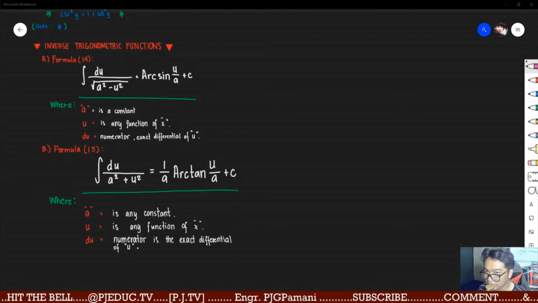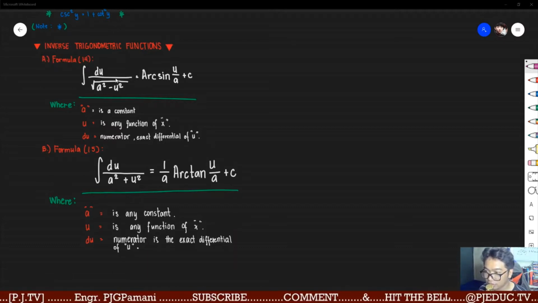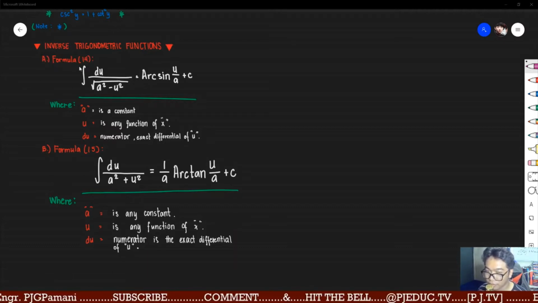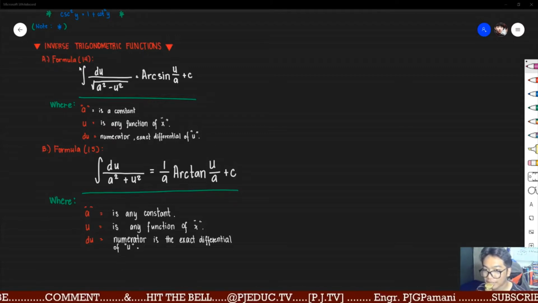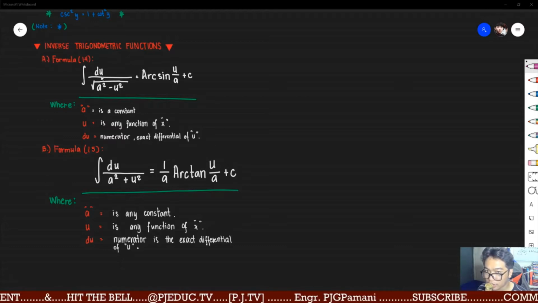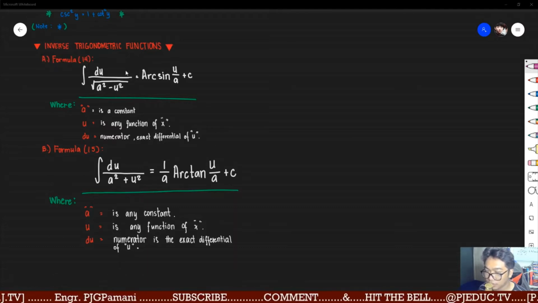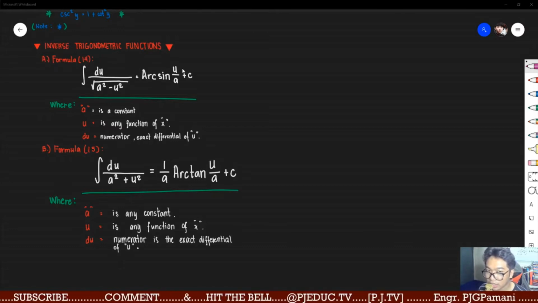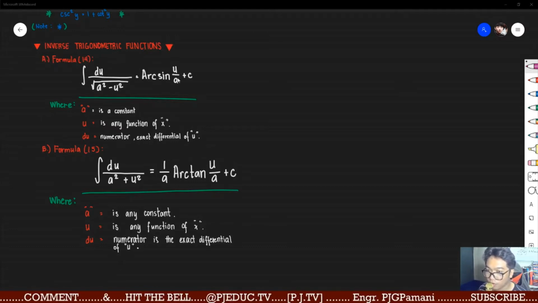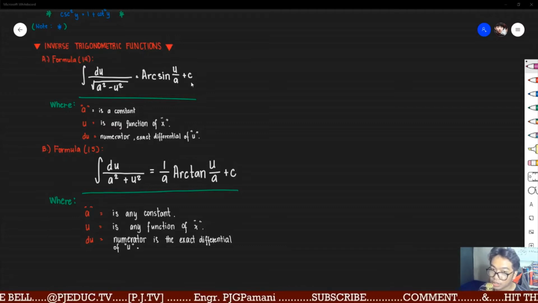So this time, this is now inverse trigonometric functions. There are two formulas that involve inverse trigonometric functions. Your first formula is denoted as formula number 14, that whenever you are integrating the exact differential of a function u over the square root of a constant squared minus the function squared, it is simply equal to arc sine of the function u over the constant a, plus your unknown integration constant.